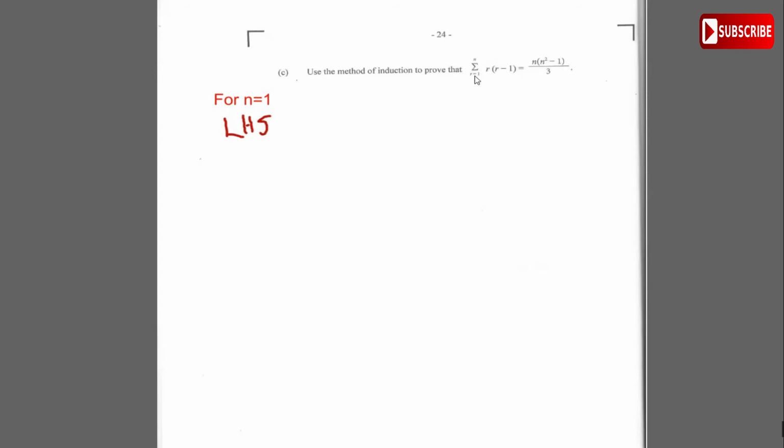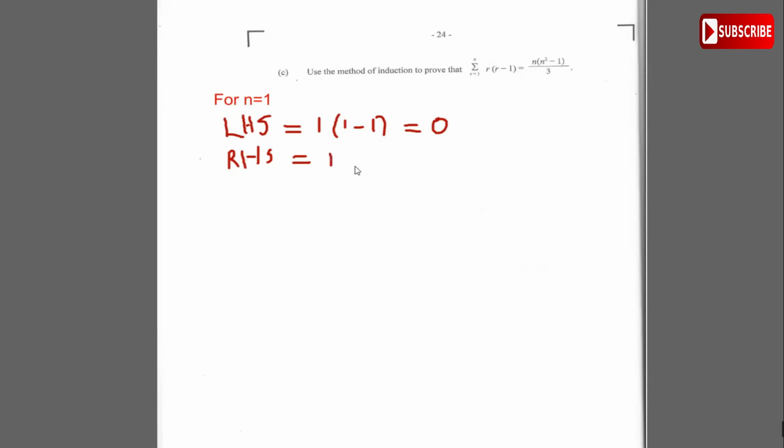For n equal 1, it is 1 times 1 minus 1, and that's equal to 0. And the right-hand side, plug in n as 1, you get 1 times 1 squared minus 1 over 3.